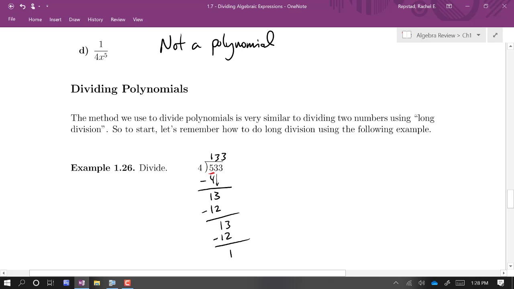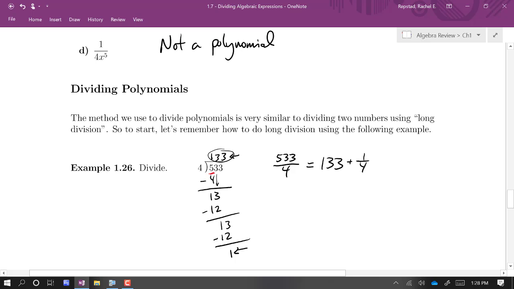Now, what we do from this point can vary depending on if we are looking for a decimal approximation or not. But I'm going to avoid decimals right now and say, okay, I've got this remainder of 1. The way I interpret this result, that I got a 133 up here and a remainder of 1, is that 533 divided by 4 is equal to 133, so I take that quotient up there, and 1/4.